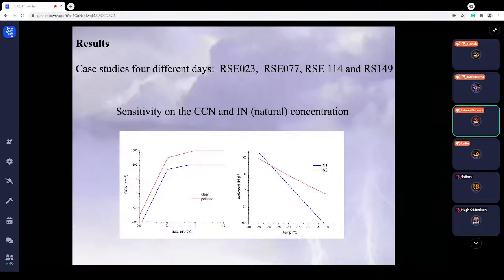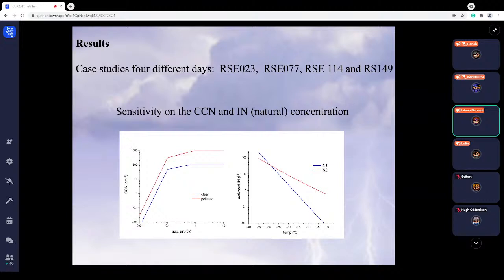And please, the next slide. Okay, so here are the results. We chose 4 different cases. They were part of the randomized seeding experiment. You can see the 4 different cases here. We simulated these cases and made a sensitivity test.